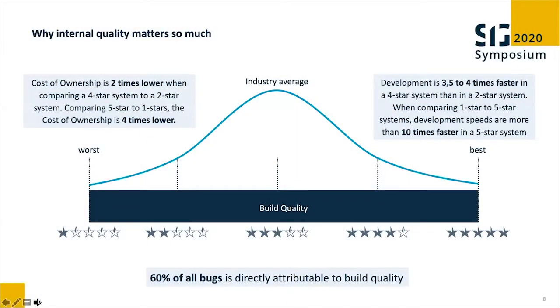Let's dive a little bit deeper into that before we go to some of the findings. We've built a build quality benchmark ranging from 1 star, which is maybe on the not so good side of software, towards 5 stars, which is the best, and 3 stars being the industry average. Some of the numbers show that 60% of all the bugs that you will find are directly attributable to this build quality.